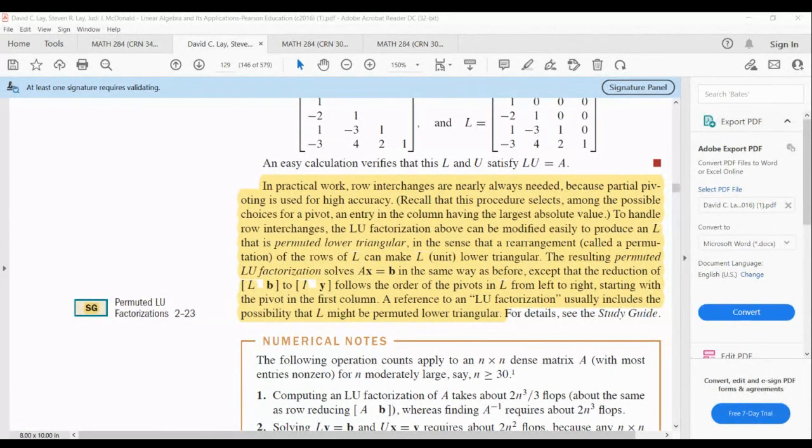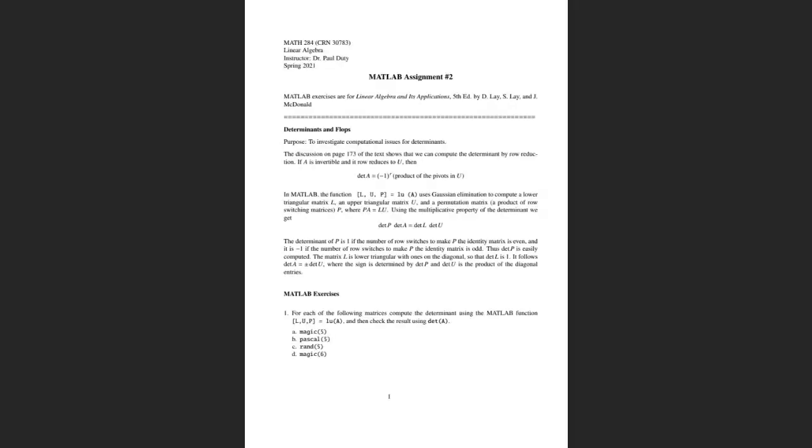And I want to just show you now how this relates to the first exercise. Okay, so if I share this, can everybody see MATLAB assignment number 2 okay? Give me a thumbs up if you're seeing that all right.